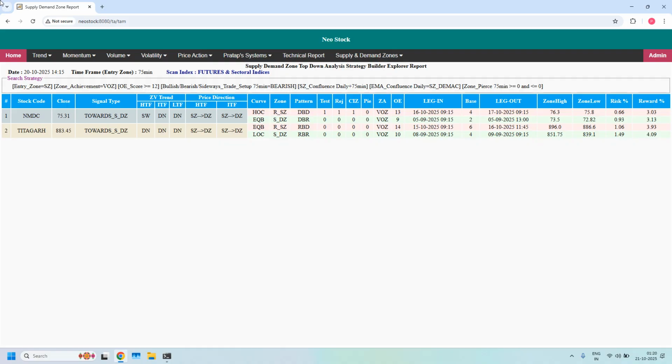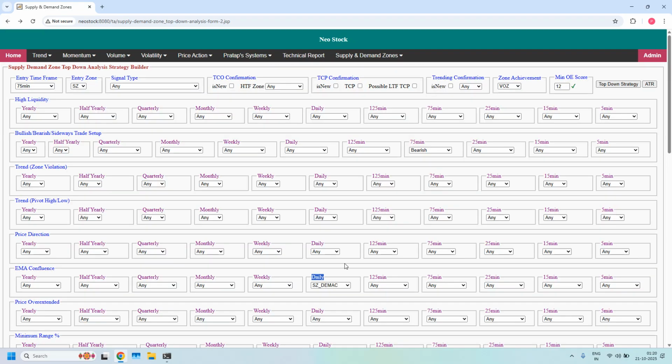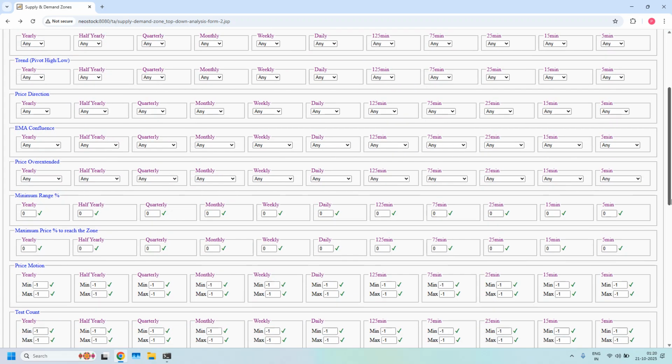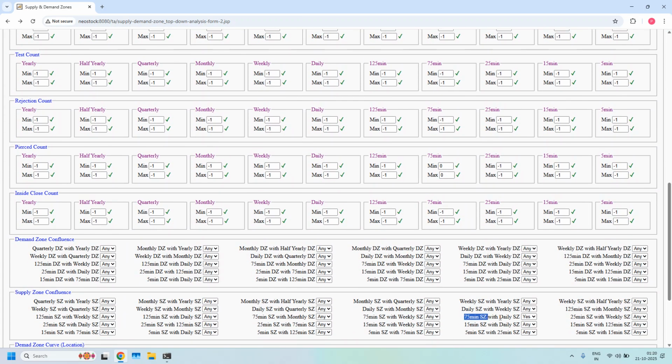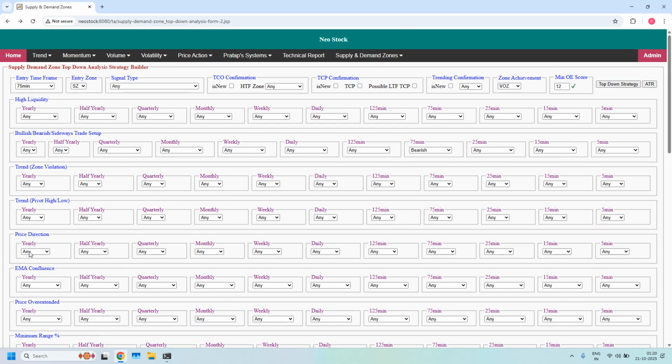Okay, next trade setup, LTF, ITF, HTF supply zone confluence, and after that HTF supply zone with HTF EMA confluence. I removed ITF EMA filter. Supply zone confluence, 3 filters we have to set: 75 minutes and daily, 75 minutes and weekly, daily and weekly supply zone confluence, and then weekly supply zone with weekly EMA confluence.